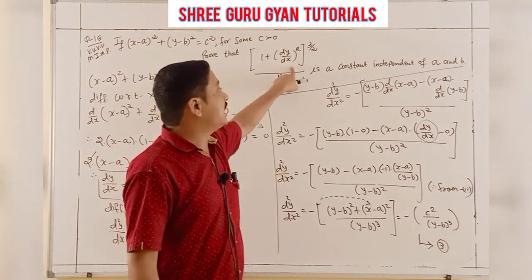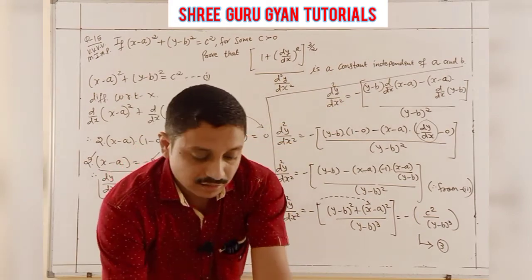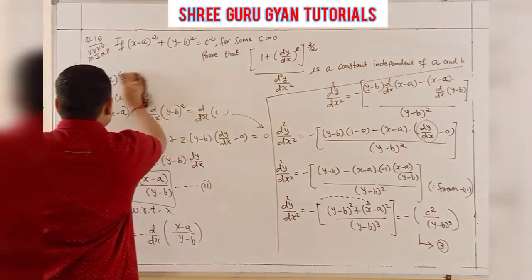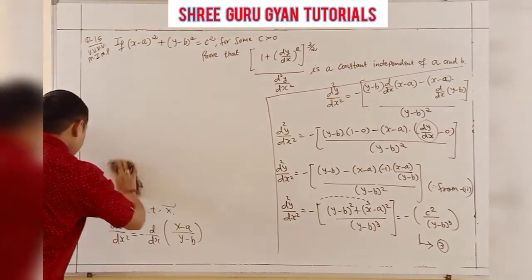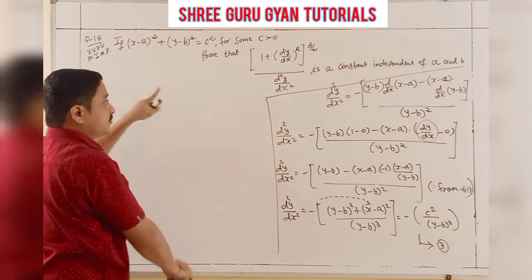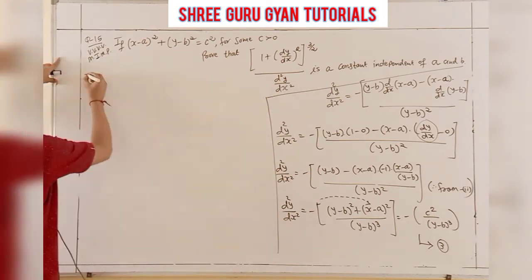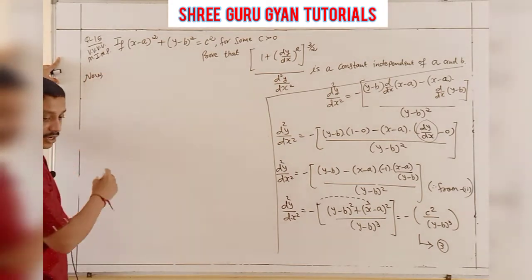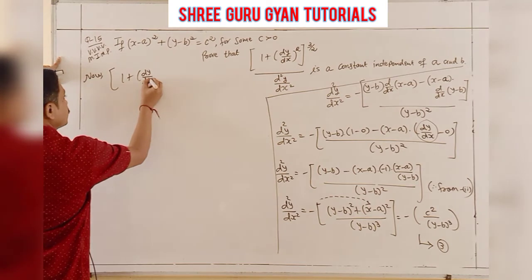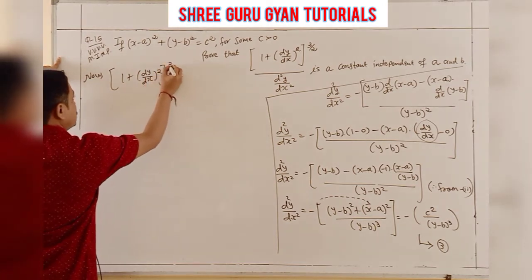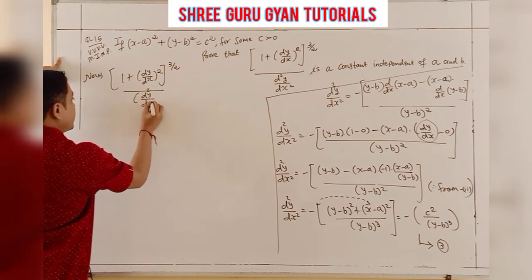Now students, I start the final numerical calculations, where I prove it is a constant. Now the value is 1 plus (dy by dx) whole square, all raised to 3 by 2, upon d square y by dx square.